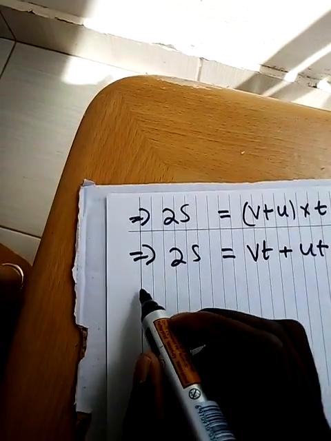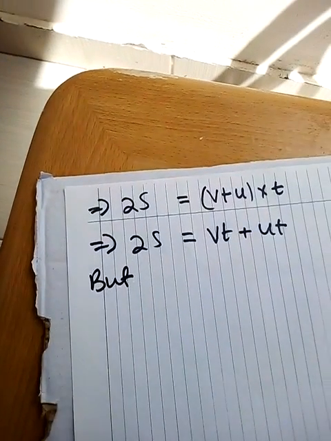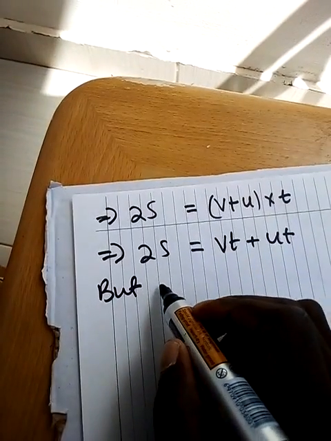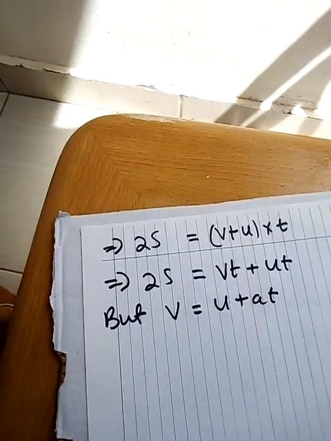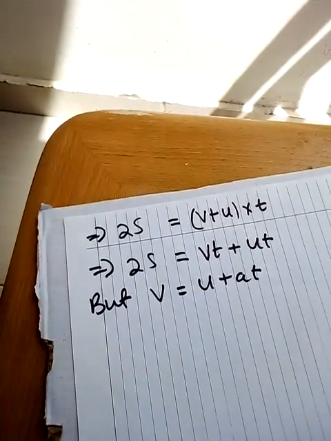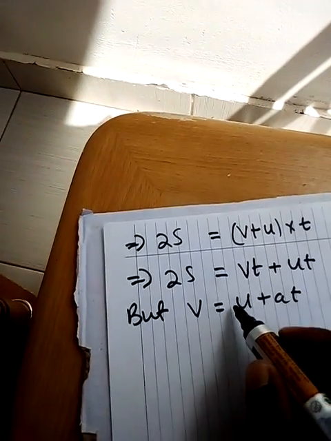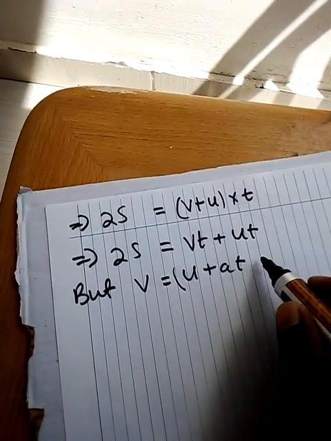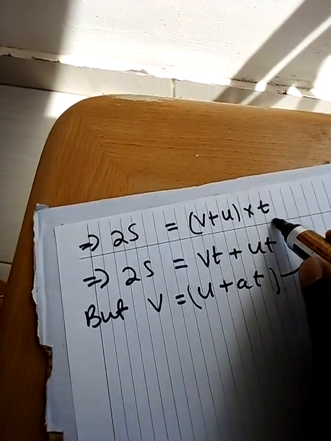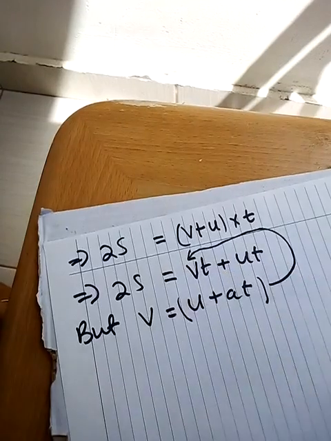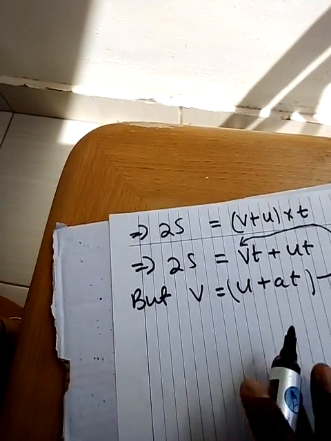But remember, from the first equation of motion, v is equal to u plus at. So can we replace this expression into this very thing here? Where there is a v, we can put that.